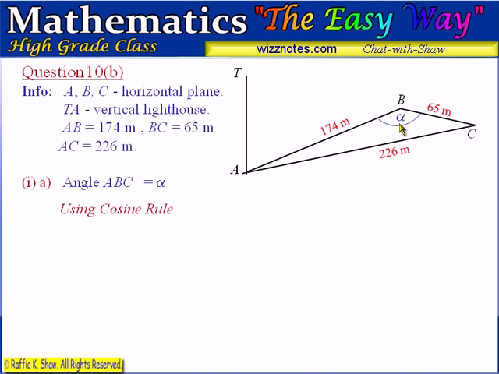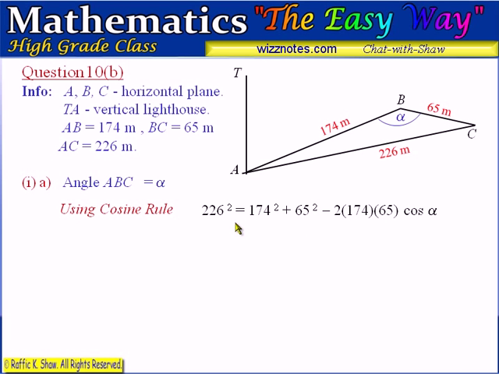Using the cosine rule with these two sides and this as our angle between, we end up with this side opposite the angle: 226 squared equals 174 squared plus 65 squared minus 2 times 174 multiplied by 65 multiplied by the cosine of the angle between the 174 and the 65.